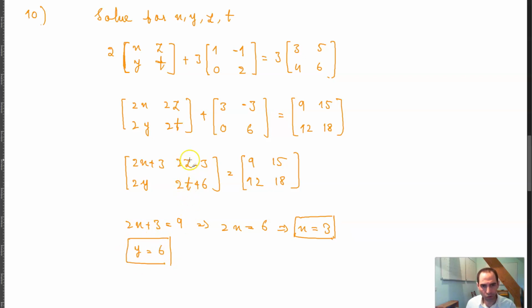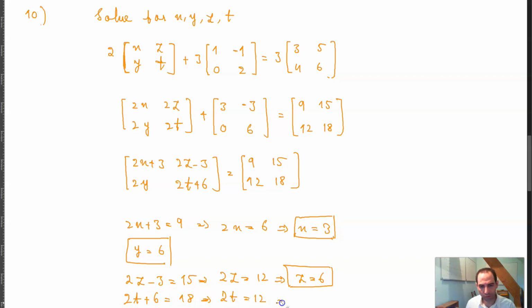And then 2z minus 3 is equal to 15, meaning that 2z is equal to 15 minus 3 is equal to 12, meaning that z is equal to 6. And then you have 2t plus 6 is equal to 18, meaning that 2t is equal to 18 minus 6 is equal to 12, meaning that t is equal to 6.